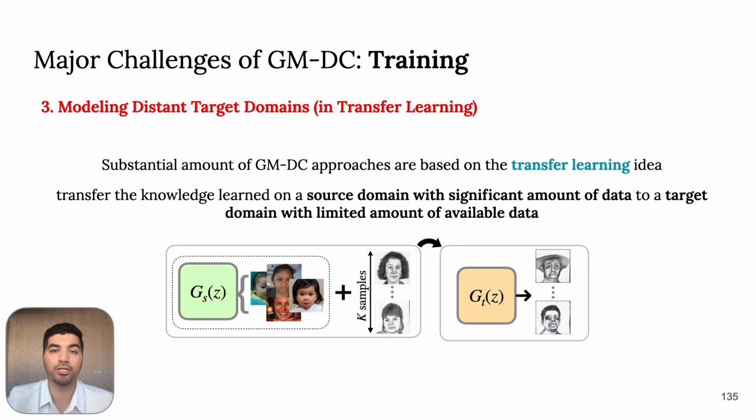So we have a generator trained on a source domain. And for this source domain, we have a lot of data. So the generator is very capable, very powerful. And we want to transfer this knowledge to a target domain. For example, here the source domain is human faces and the target domain is sketches of human faces.